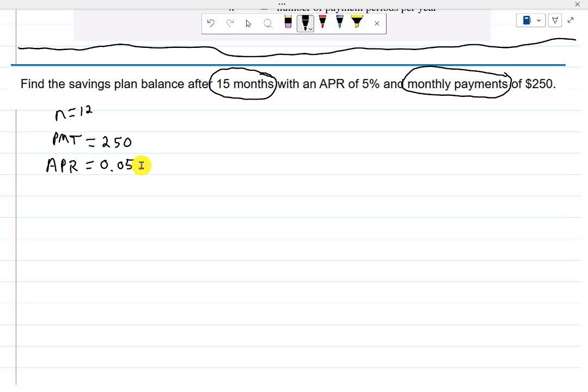So 15 months, if I multiply by 1 year divided by 12 months, these months will cancel out, and it looks like I'm going to have 1.25 years. So I can plug all that stuff in.